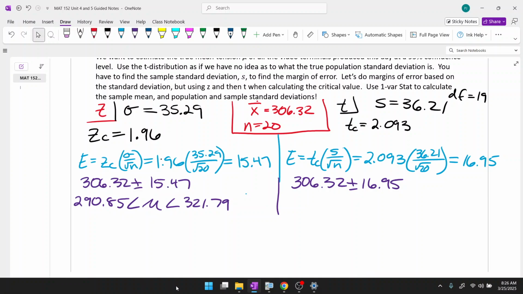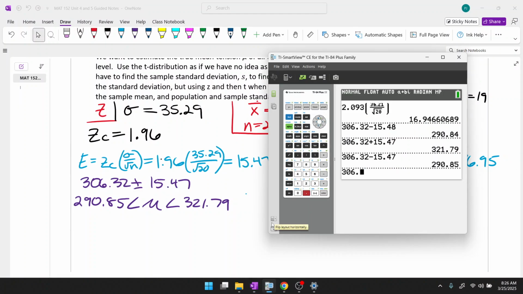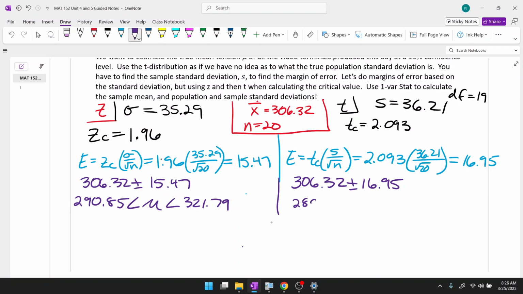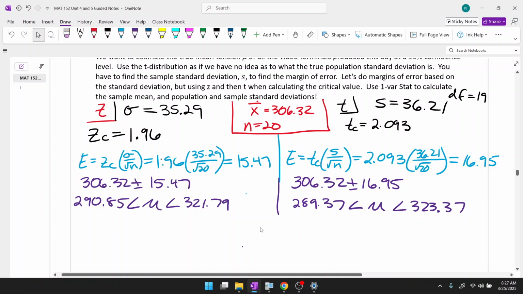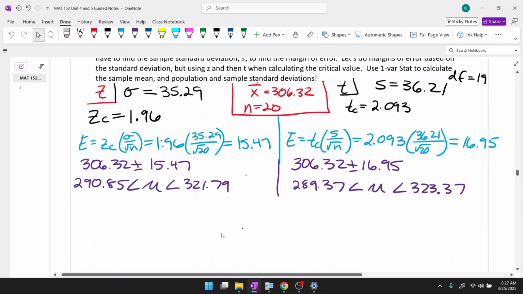And if we did this version of it, you're going to go from 289.37 to 323.37. So it's obvious that the interval for the t is actually going to be wider, which is a good thing.